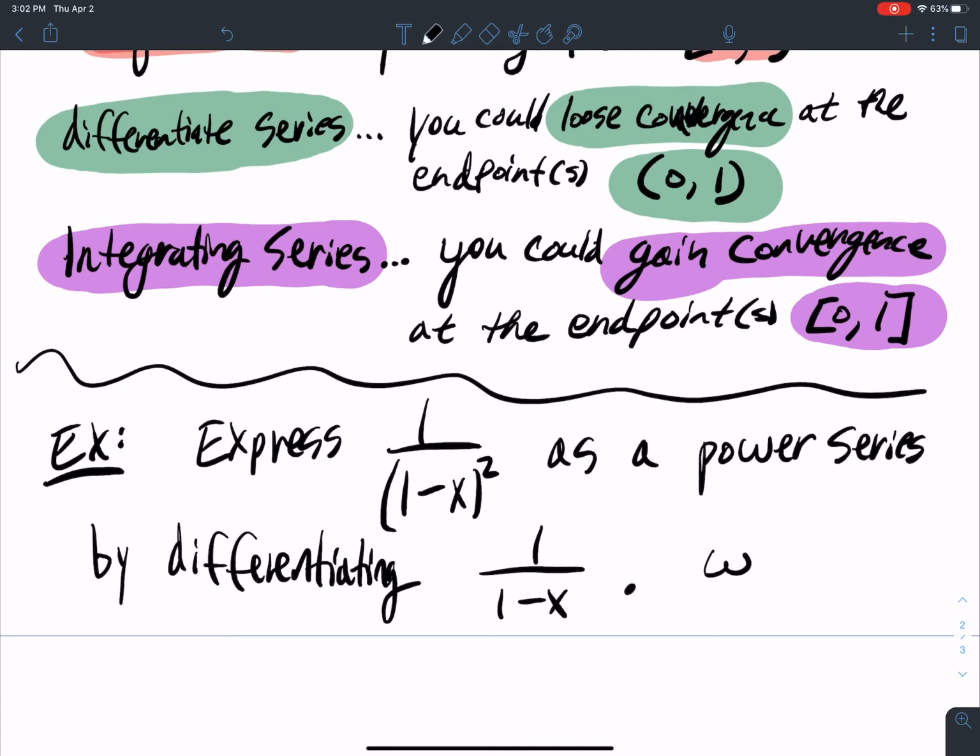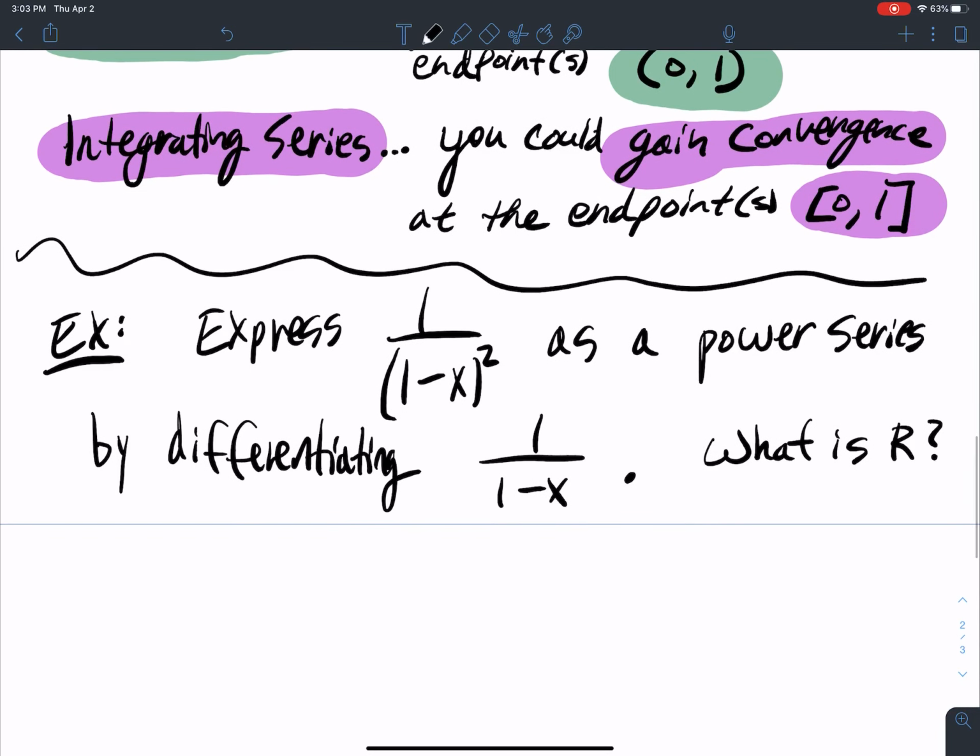And then the question is, what is r? All right, that's what I want to know. What is r?